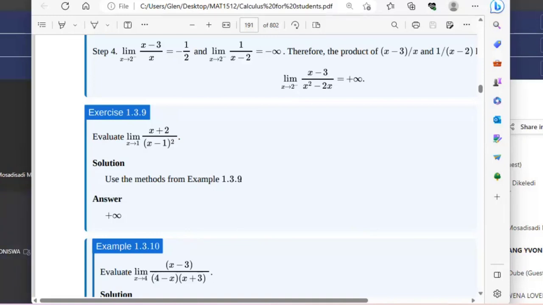And I know it's infinity that way. And then when I substitute any number from the left that approaches 4, I got a positive. When I multiply them, I got negative, positive.